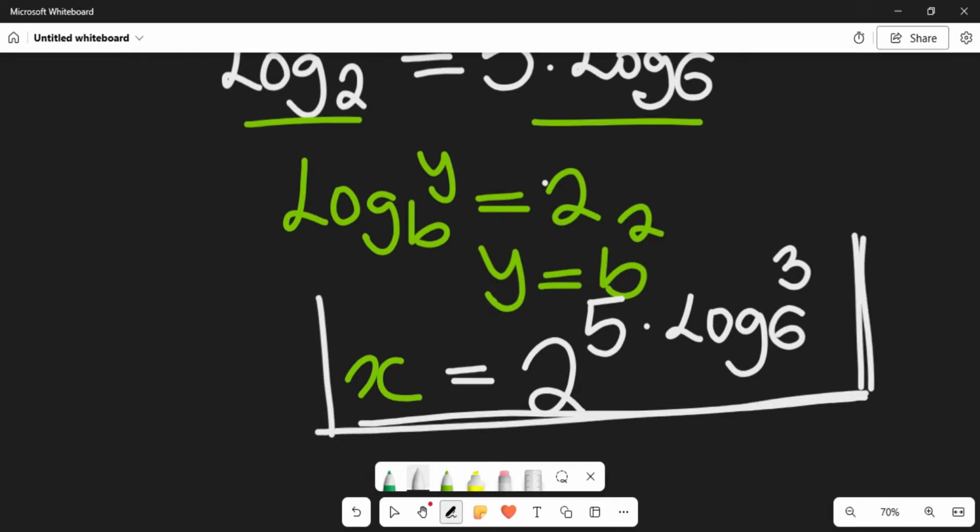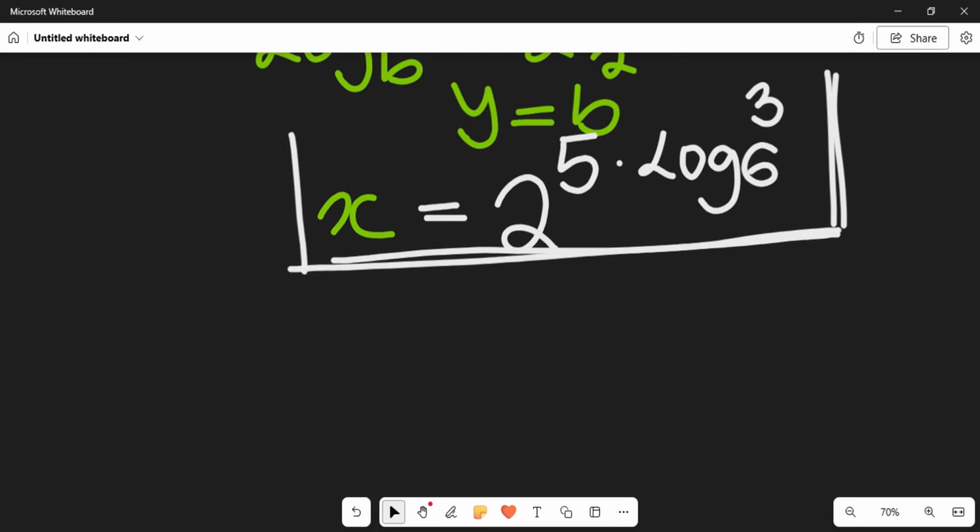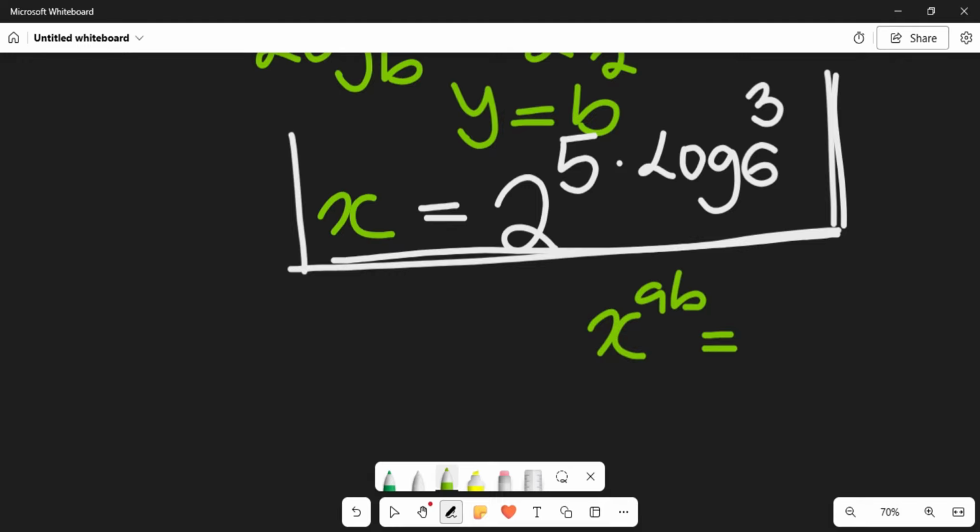So looking at that solution, we can simplify further, remembering one simple indical expression: if you have x to the power of ab, that can simply be equal to x to the power of a multiplied by b.